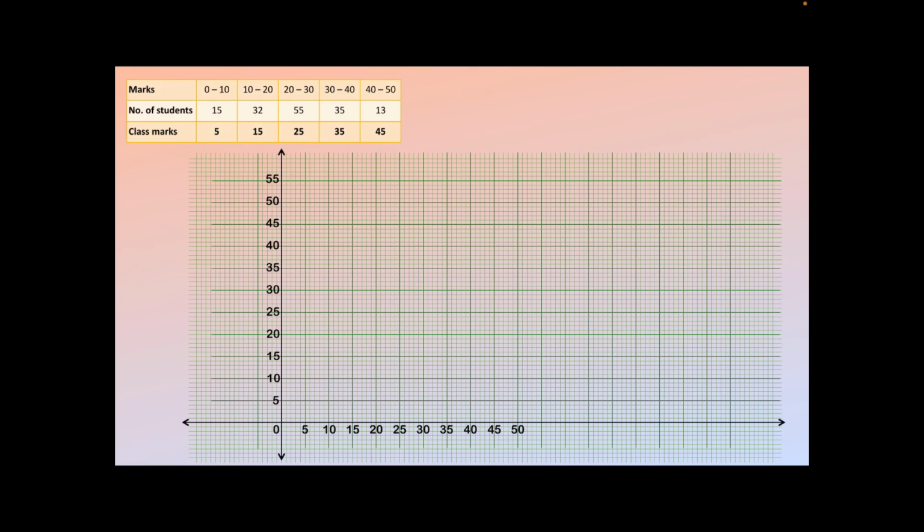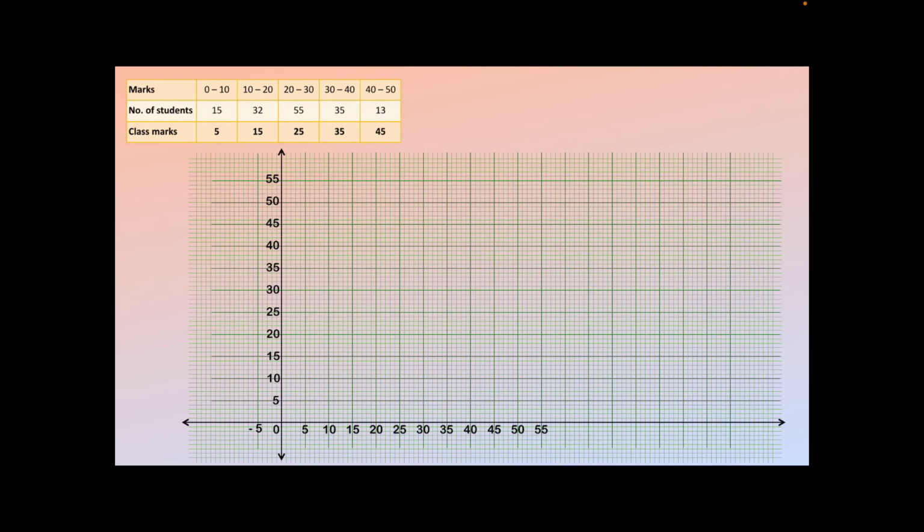The class mark, or the midpoint, of -10 and 0 is -5. So we take that class mark on the x-axis. The other imaginary class interval is at the end, that is 50 to 60 in this example, and the class mark for 50 to 60 is 55. So we take that class mark also on the x-axis.